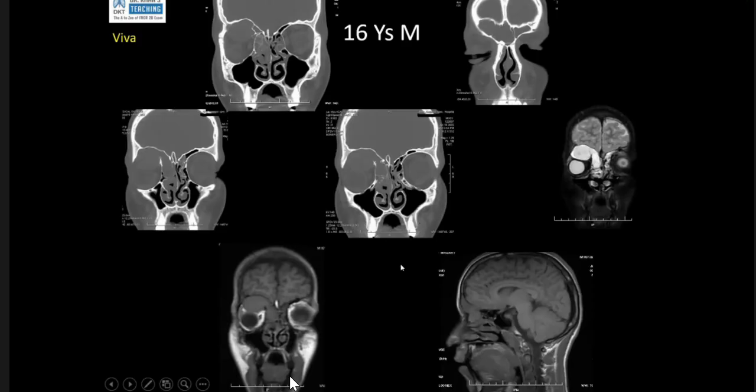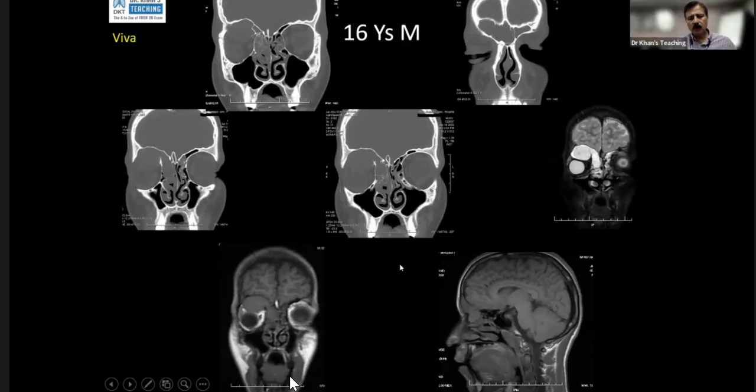On the coronal CT reformatted image, there is a soft tissue density lesion extending from the ethmoid to the frontal sinus on the right side, which is T2 hyperintense, and it is expansile without causing bony destruction. So this could be a mucocele.